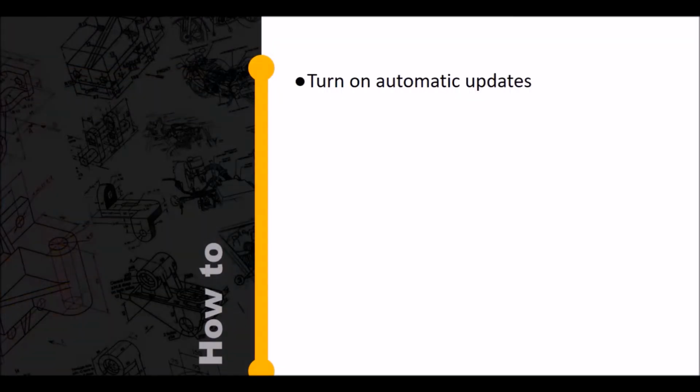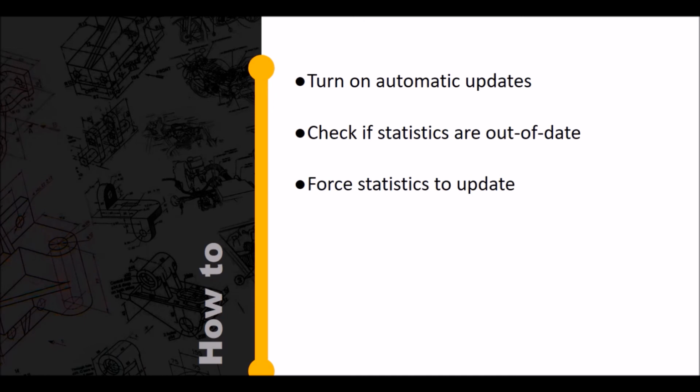The bottom of my slide is cut off. So hopefully you learned a few things here, like how to turn on automatic updates on your database just in case they're off, and how to check if statistics are up to date by using that query plan, and how to force statistics to get updated.